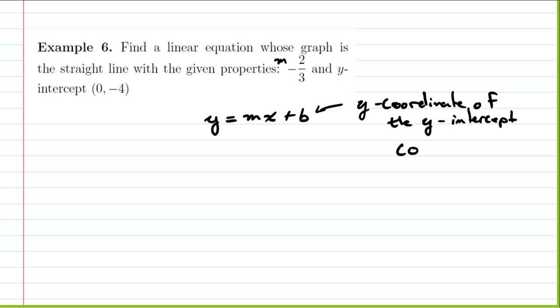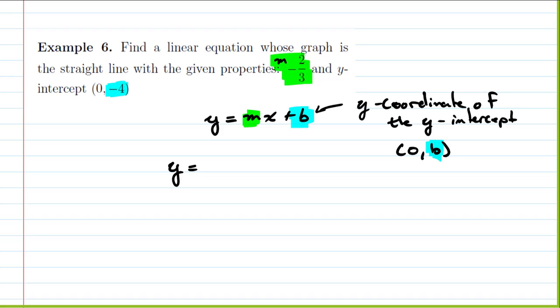So in other words, it is the point (0, b). So if I have my m is -2/3, and I have my b is the y-coordinate of the y-intercept, we can assemble our equation by just putting each of those parts in.